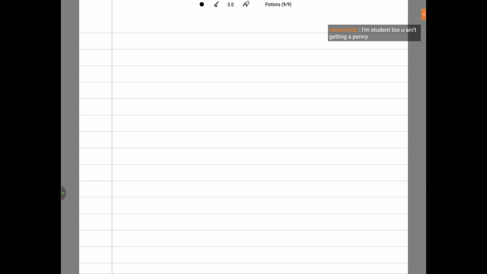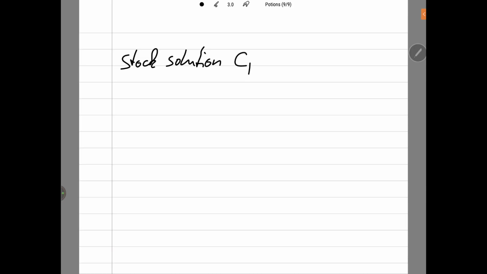Normal people say stock solution C1, working solution is characterized by C2 and V2, volume 2.